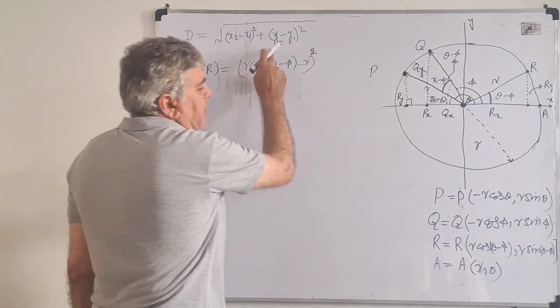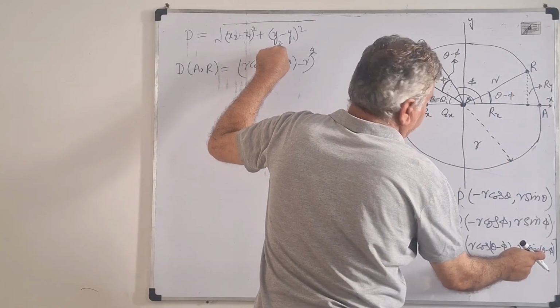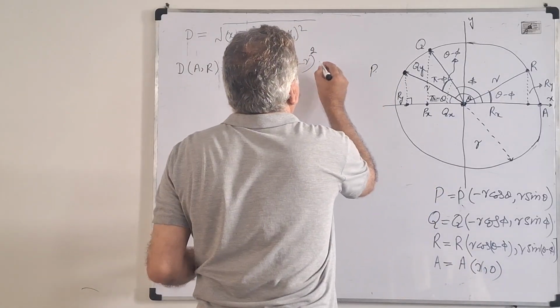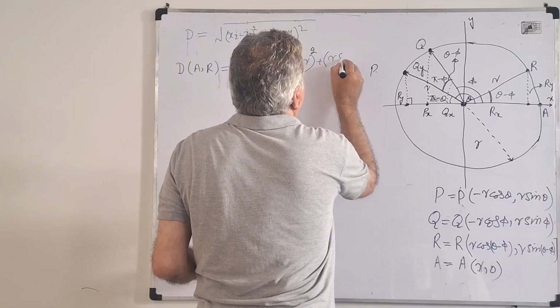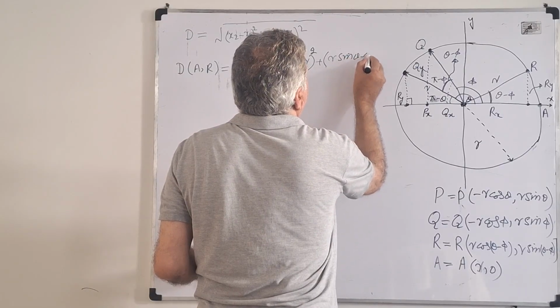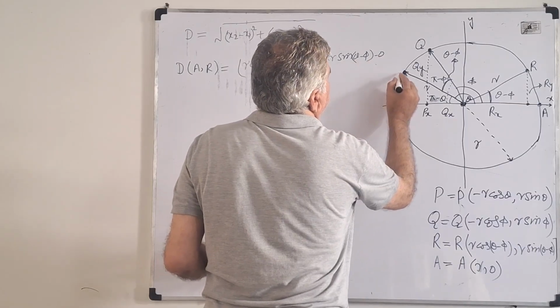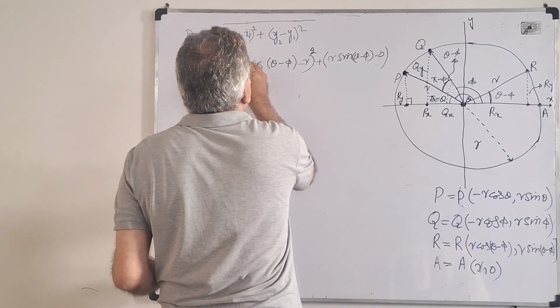And similarly, the y component of R is r sin(theta minus phi), and y1 is 0, so plus r sin(theta minus phi) minus 0, and then taking the square root.